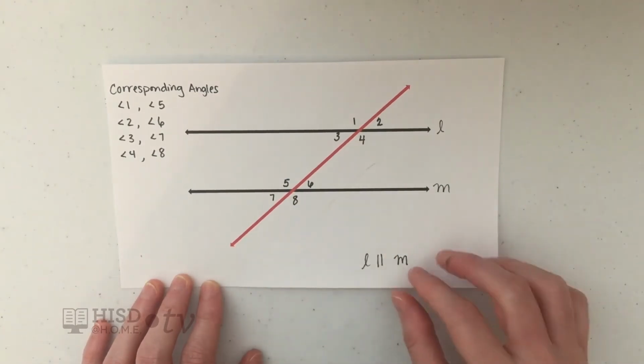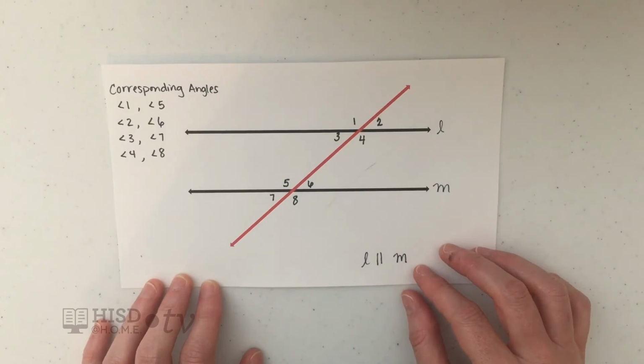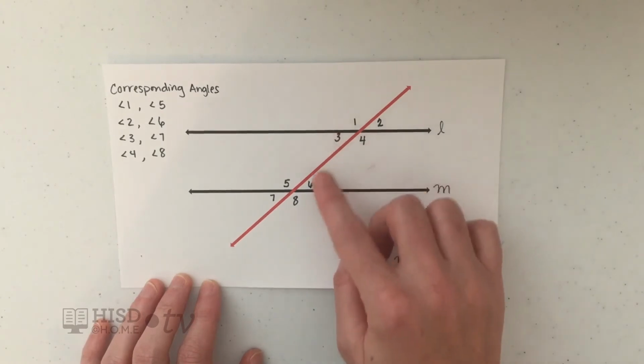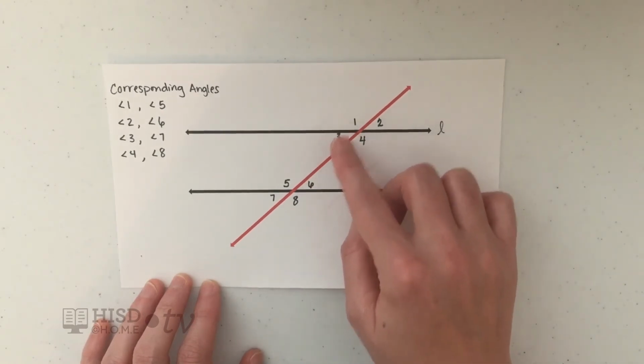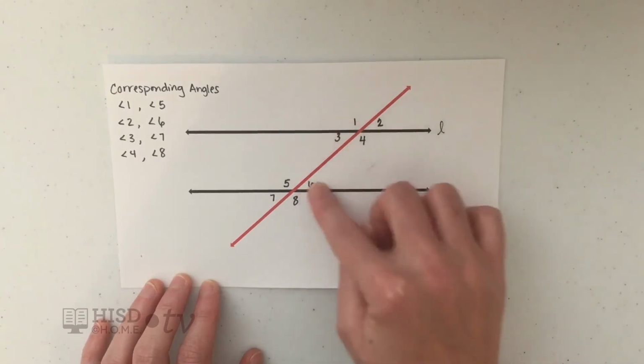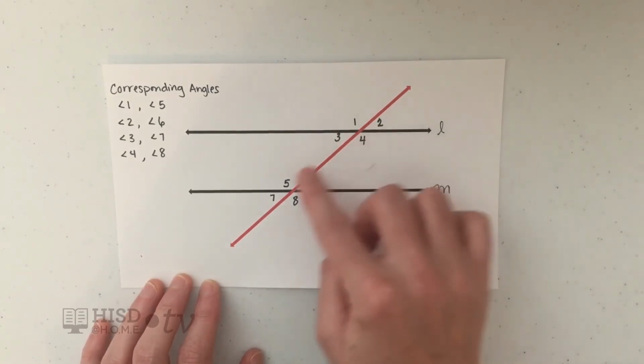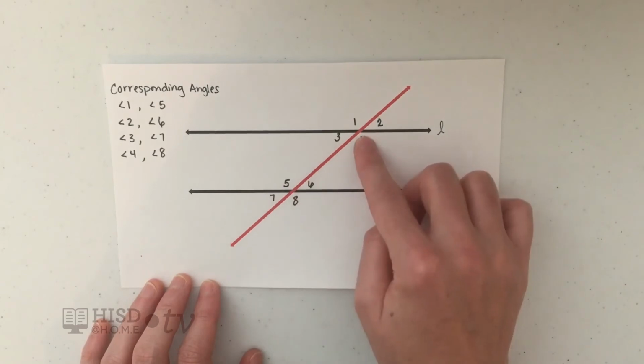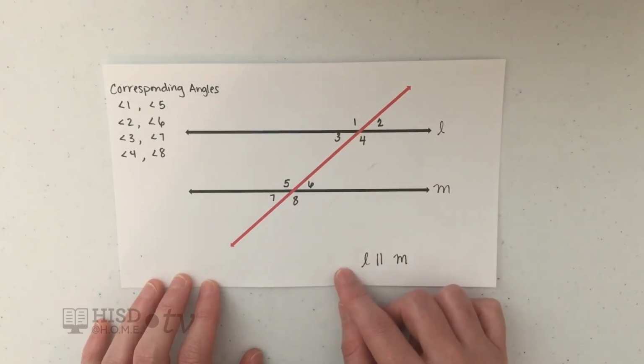Now, there's an angle relationship that we call alternate interior angles. Alternate means what? Same side or opposite? Opposite side. So the alternate is going to be 3 and 6. These are our alternate interior angles. 4 and 5 are also alternate interior angles.